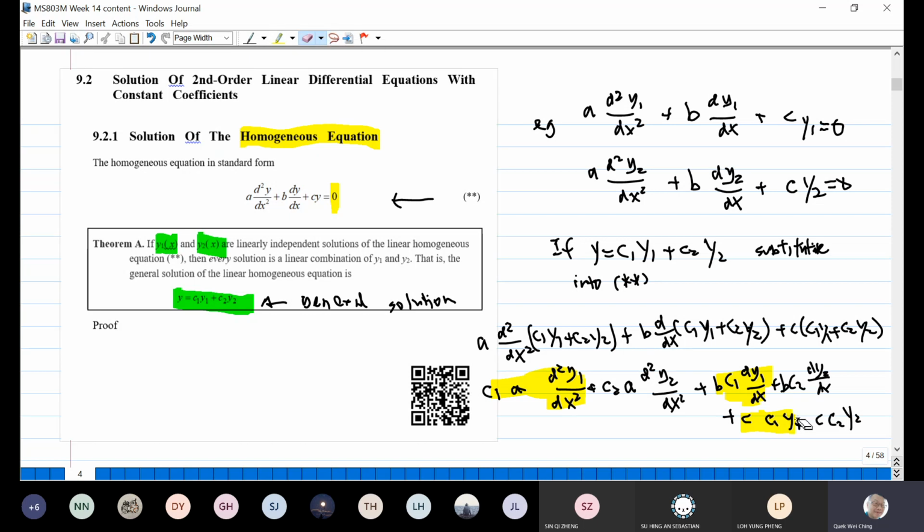So let me write over here on the left hand side, all the y1 put together.